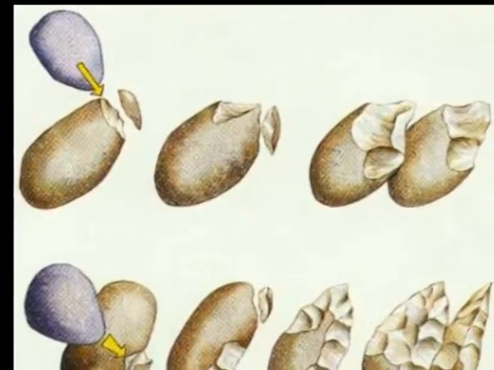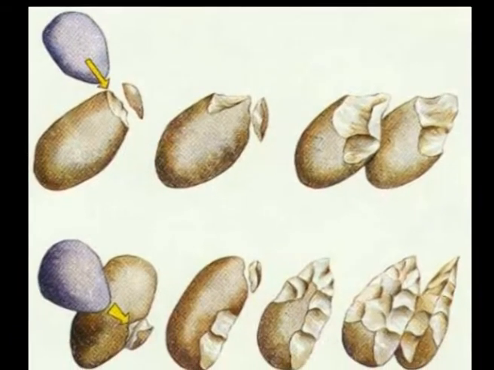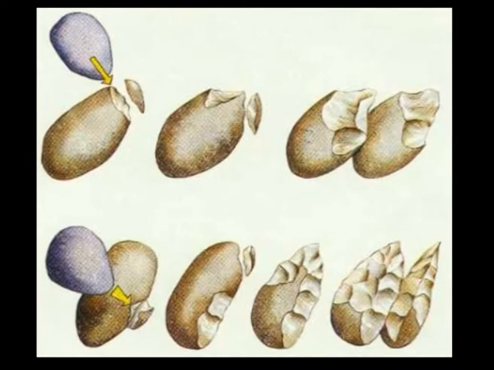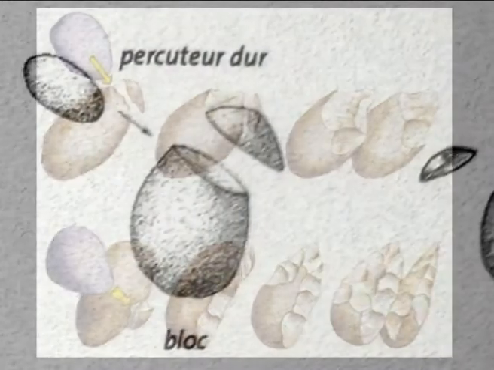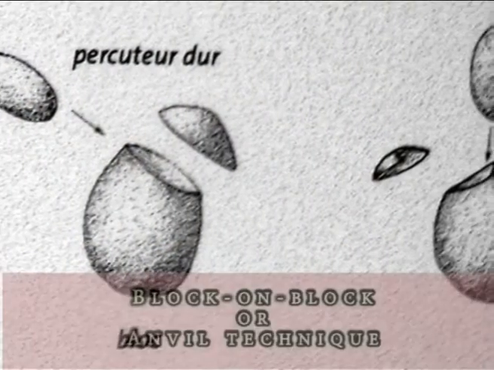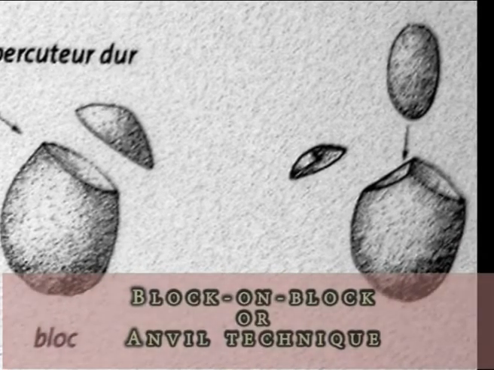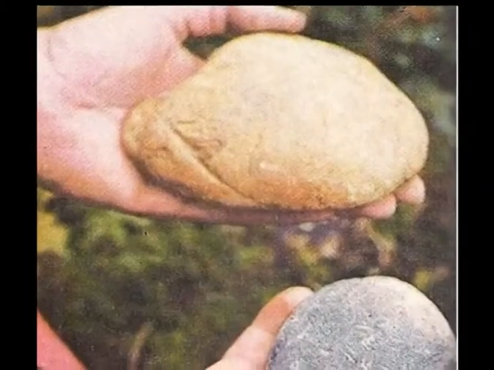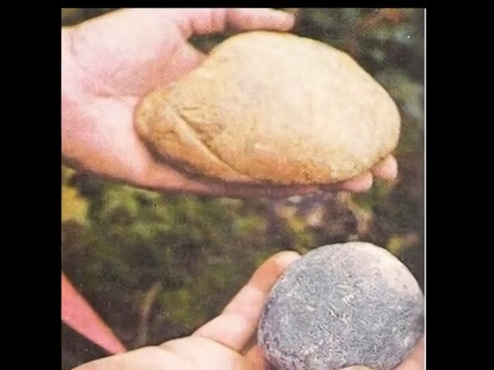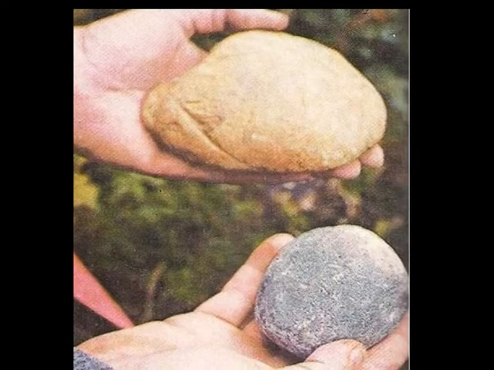Starting with an elongated pebble, the edge of one surface is sharpened by striking it against another stationary large stone. This tool making technique is known as block on block or anvil technique. The rest of the surface is not worked upon, hence represented by the original pebble surface. Such a type of pebble tool is called a chopper.